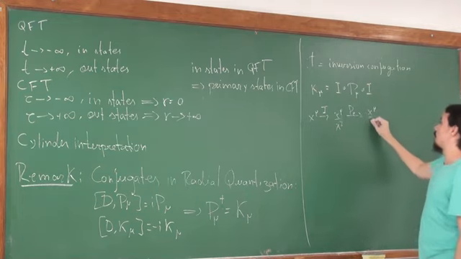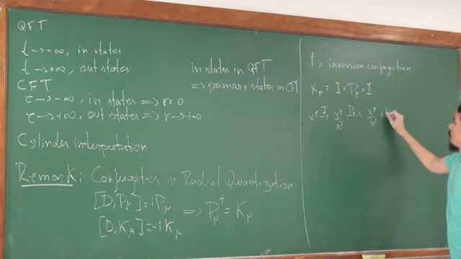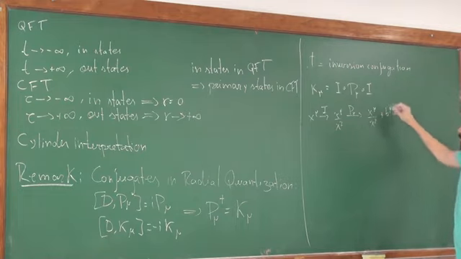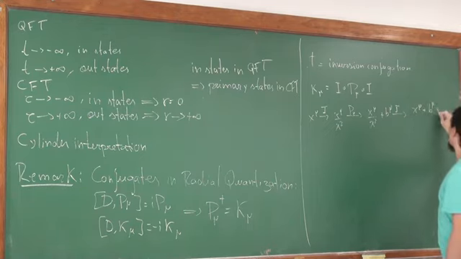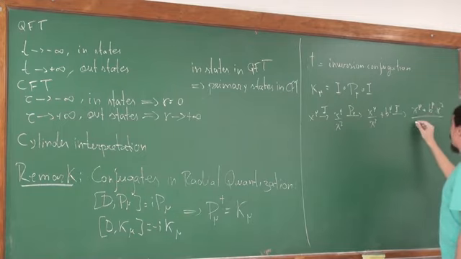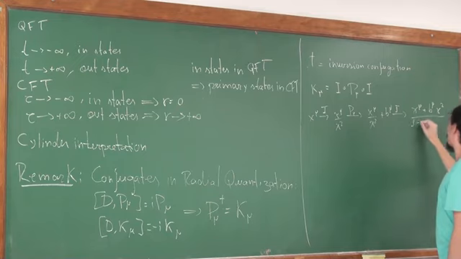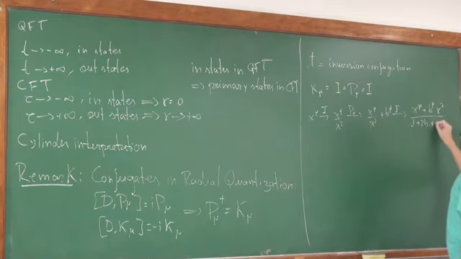Now you invert again, and if you work out all the factors correctly, you end up with a finite special conformal transformation that we discussed in the second lecture.